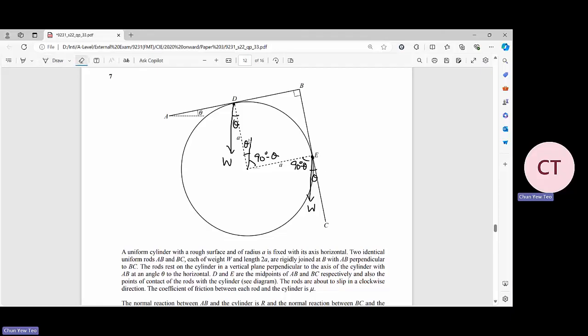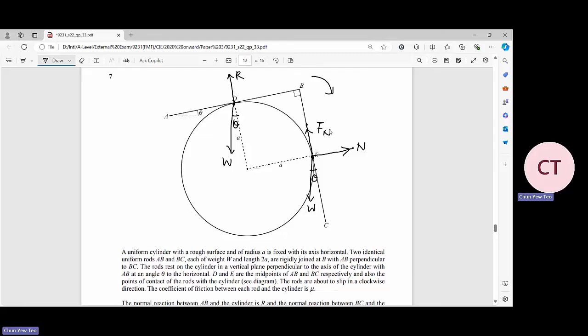Let me clear this one out. This is the angle that is important for us. Then there's a normal contact force at E, which they call N, and the normal contact force over here is R. Since they're about to slip in the clockwise direction, the frictional forces go the opposite way.